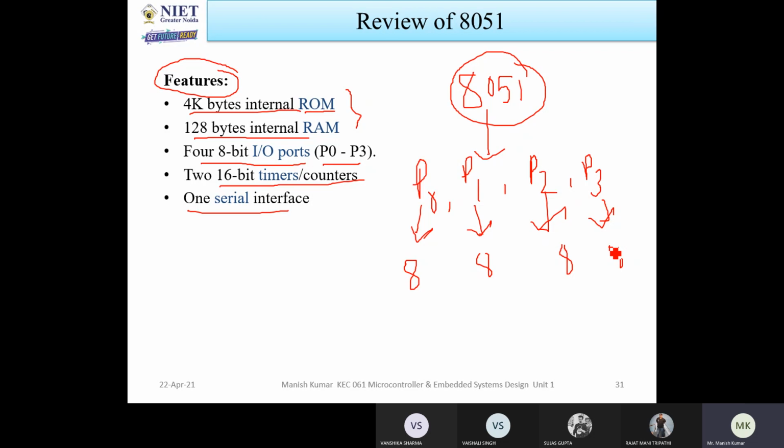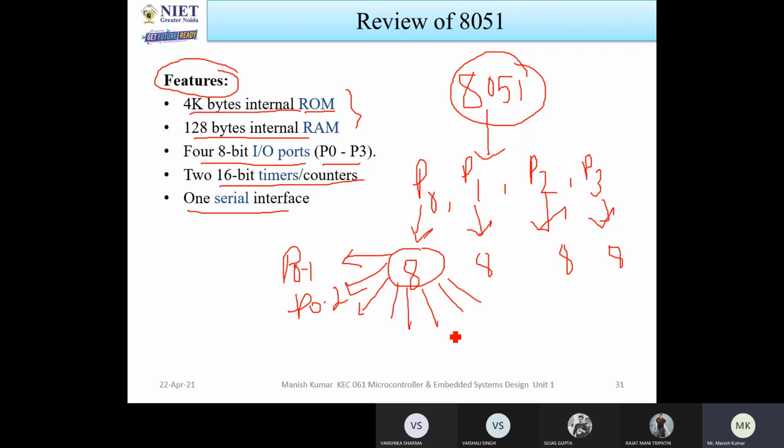What is the meaning of 8-bit data? 8-bit data means 8 different lines. If you consider 8 different lines, they start from P0.0, P0.1, P0.2, P0.3, P0.4, P0.5, P0.6, P0.7.